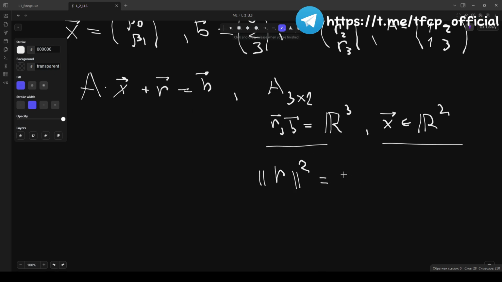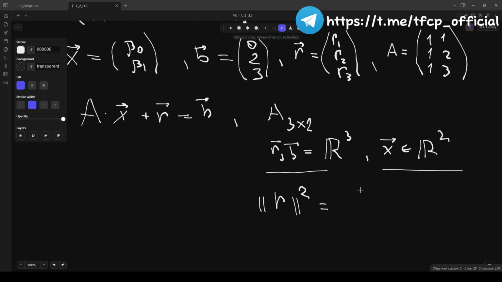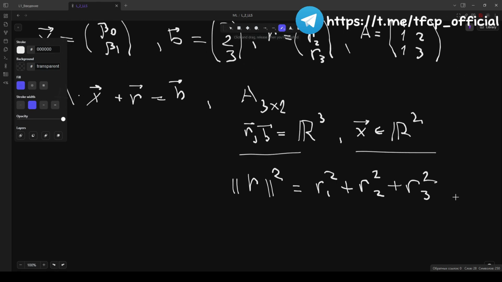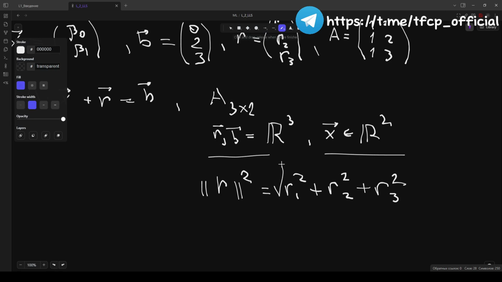As you know, the length of a vector can be calculated using different formulas. I will define it, as you can easily guess, as r1 squared plus r2 squared plus r3 squared. I remind you that this should tend to the minimum, and here is the root of the problem.